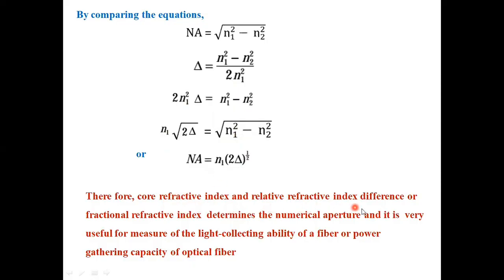Therefore, the core refractive index n1 and the relative refractive index difference, or fractional refractive index delta, determine the numerical aperture, and it is very useful as a measure of the light collecting ability of the fiber, or the power gathering capacity of the optical fiber. It is one of the very important parameters, like acceptance angle, in an optical communication system.